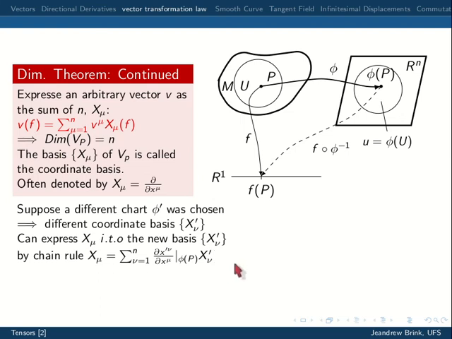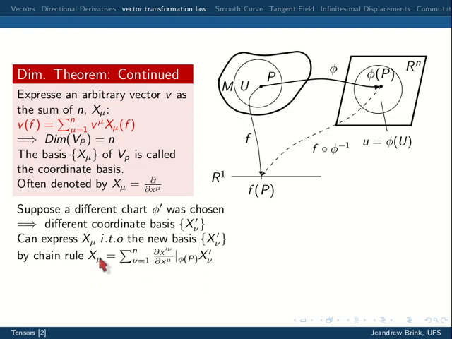But to get the two to relate to each other, you simply express ∂/∂x^μ as the derivative in terms of every new coordinate basis times ∂x^ν prime/∂x^μ, evaluated at your particular point. Okay, and this, as you'll see, is the Jacobian that we had.